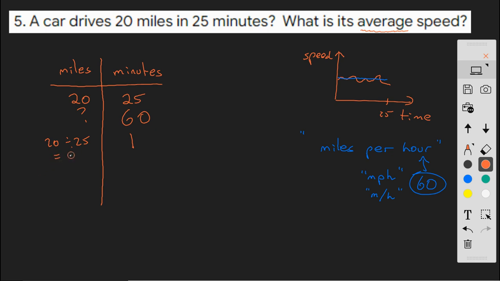Now, I'm not going to do that on the calculator for you today, but that comes out as 0.8. So how far I go in 60 is going to be 60 times 0.8. Again, I'm not going to do that on the calculator today. 60 times 0.8 is 48. So our answer is 48 miles per hour.